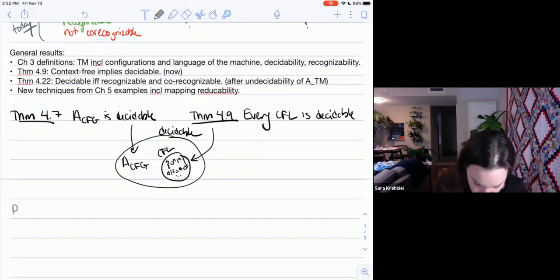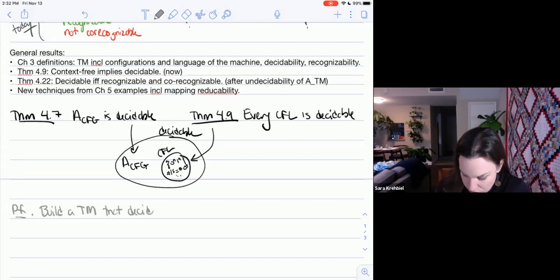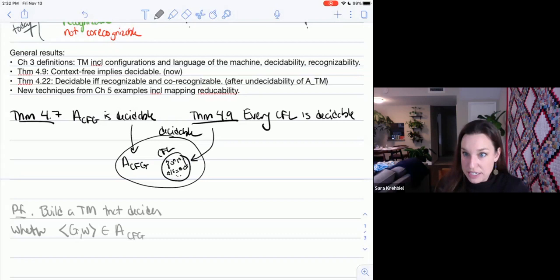So we already did theorem 4.7, but just as a reminder, saying that ACFG is decidable is like saying I have to build a Turing machine that decides whether an input that looks like G combined with W is in the language of ACFG, which is the same thing as saying W is in the language of G.